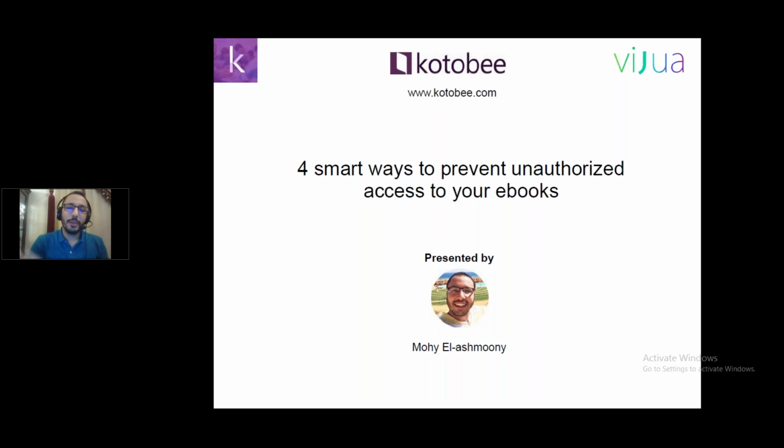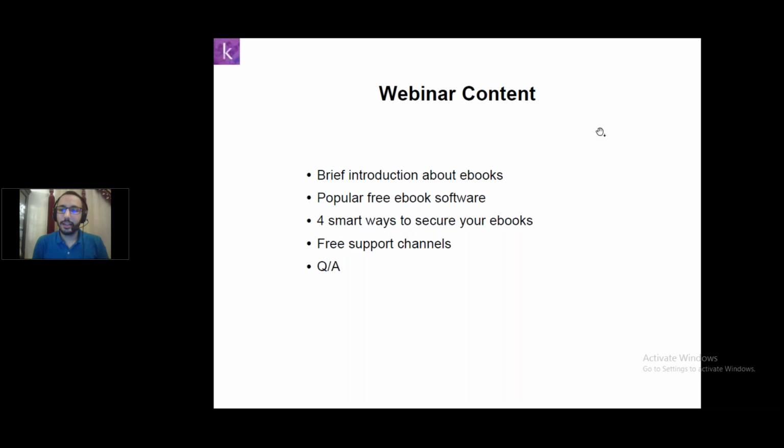Okay, so before I start with today's webinar topic, I want first to give you the outline of our webinar. I will start with a brief introduction about ebooks, and then I will give you some information about the popular free ebook software around the world, and then our main topic, which is the 4 smart ways to secure your ebooks.